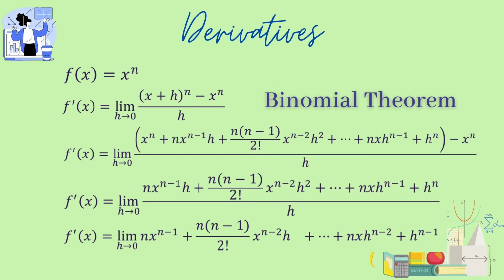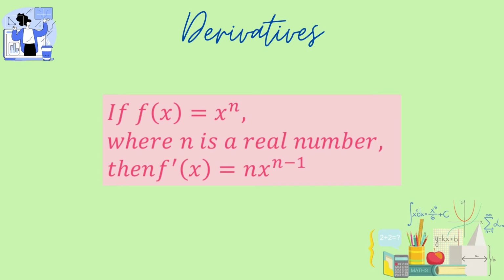This proves that if f of x is equal to x to the n, where n is a real number, then f prime of x is equal to n times x raised to the quantity n minus 1.